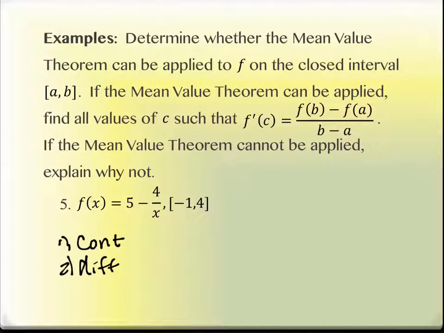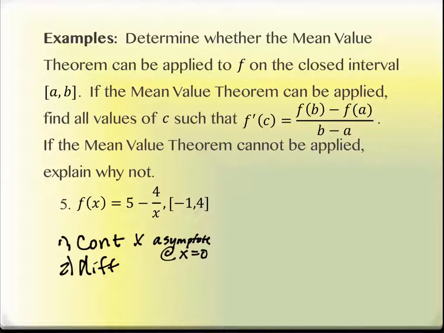Because since 0 is on the interval, is this function going to be continuous? No. The function is not going to be continuous on the interval. Because what's actually happening at 0 on this particular function? There's an asymptote at x equals 0.